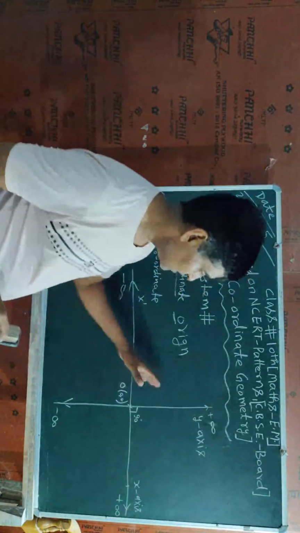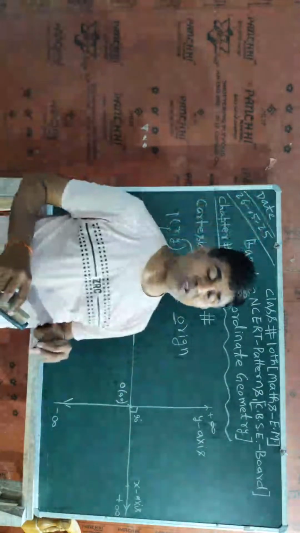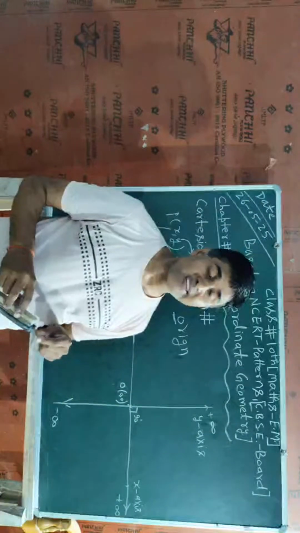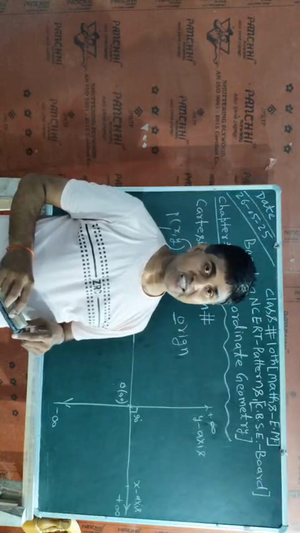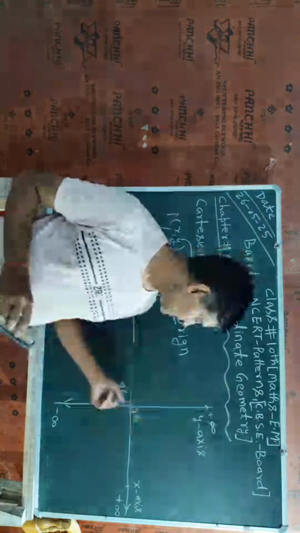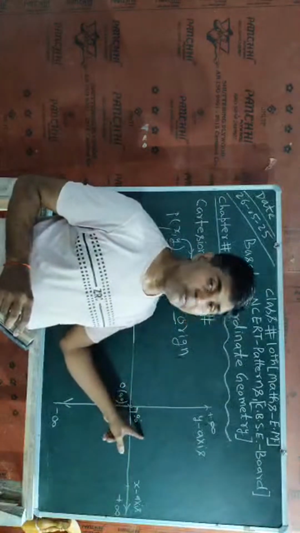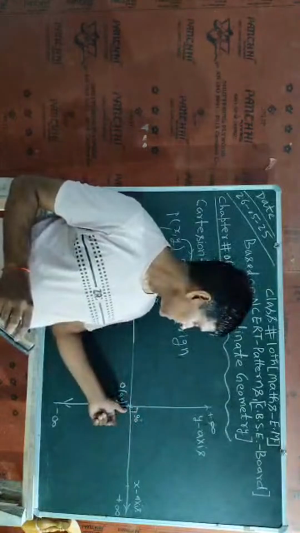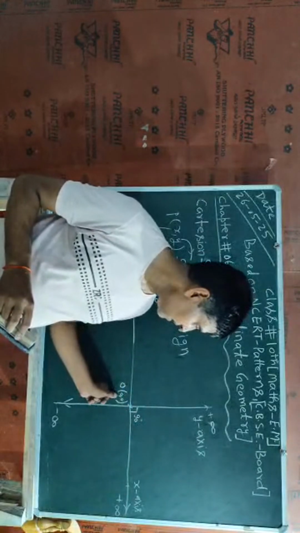Now the Cartesian system is very easy, because we take two lines in the xy plane, and both lines intersect at a point such that the angle between these two lines is 90 degrees. The intersection point is the origin, and its coordinate is 0, 0.